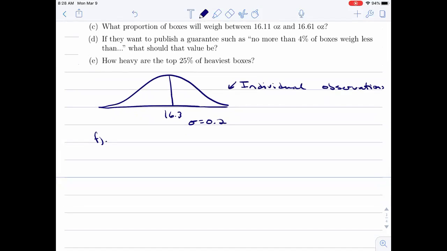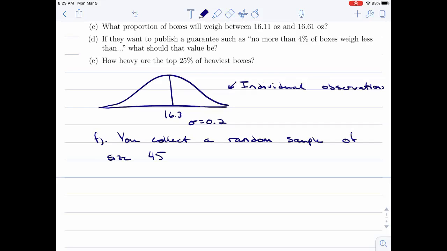So, a follow-up, right, another part would say something like, you collect a random sample of size 45.